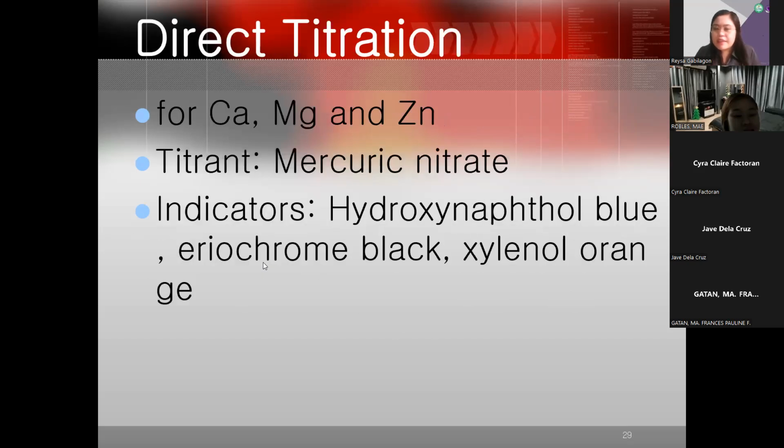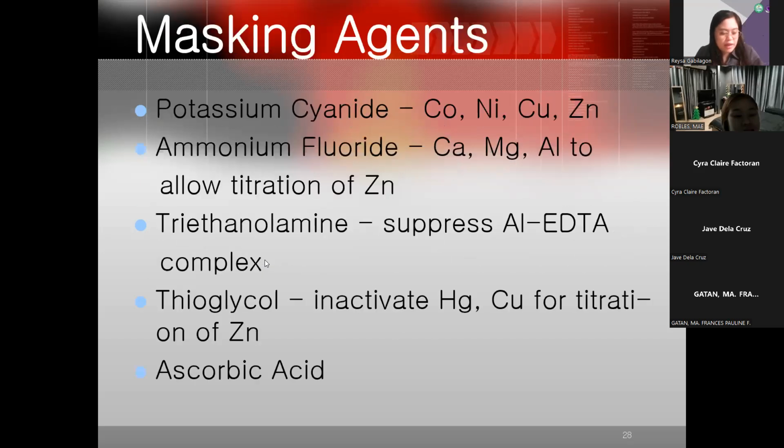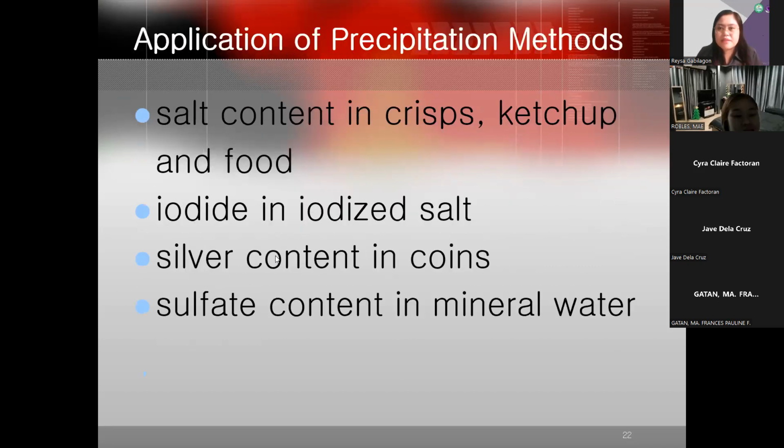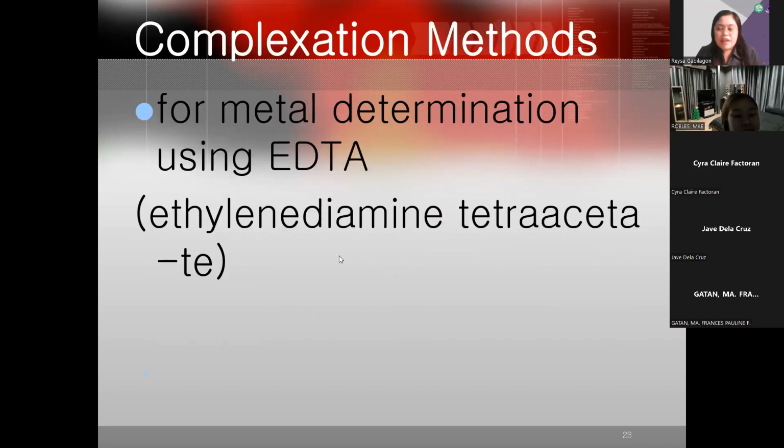Okay? So I think these are the things we need to know about complexation methods. Again, if you want to do that in the laboratory, for example, you have a cosmetic product and you want to identify the amount of metals present in it, then you may do titration using complexation methods.